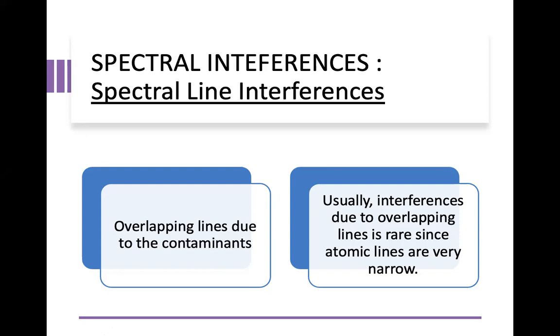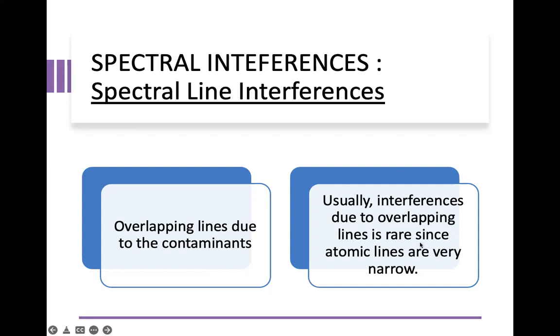This is something that is common in measurement if you are working with actual samples. That's why with actual samples we have to do some pre-treatment. There might be emission or absorption spectra from contaminants, from the interfering substance.